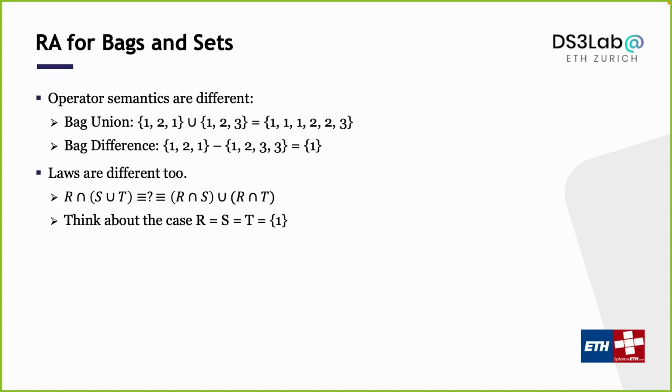But when you have a bag semantic, that's actually not always the case. One counterexample is when you set R and S and T to be the same, with a single element 1. Then you can do the exercise, and you can see that with a bag semantic, the left-hand side is actually different from the right-hand side.